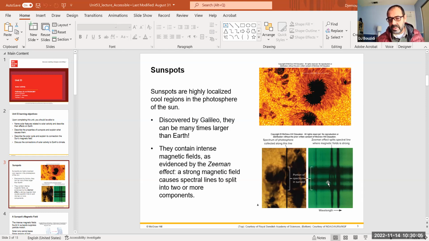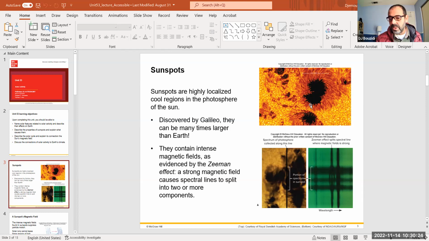So you detect that, and you therefore conclude that these are definitely regions of a strong magnetic field. Furthermore, based on the splitting, you can determine the strength of that magnetic field.